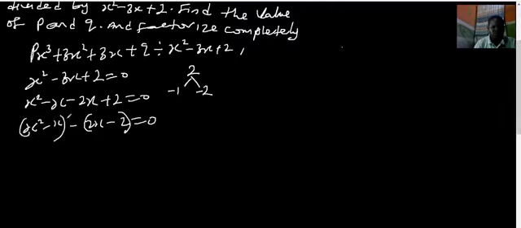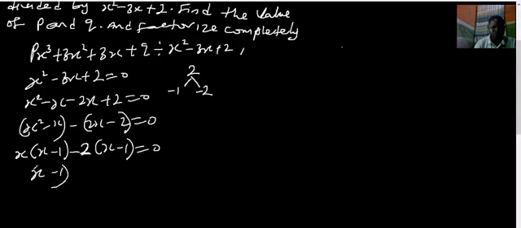So here you have x into x minus 1. Then when you factor out 2 here, you will have minus 2 into x minus 1, equal to 0. So what is common here? You have x minus 1, you have x minus 2, equal to 0.